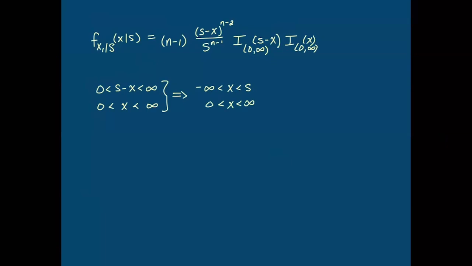And this can be described with one single indicator because the intersection of these two events, where both indicators will be turned on and be 1, is the region where x is between 0 and s. In other words, the conditional PDF for x1 given s can be written like this.